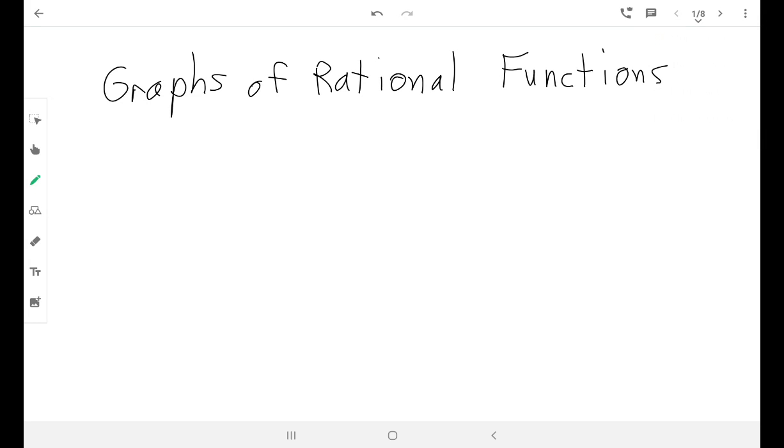Hello, we're going to talk about the graphs of rational functions and how to get them, how to talk about them. So let's talk about how you might graph them.